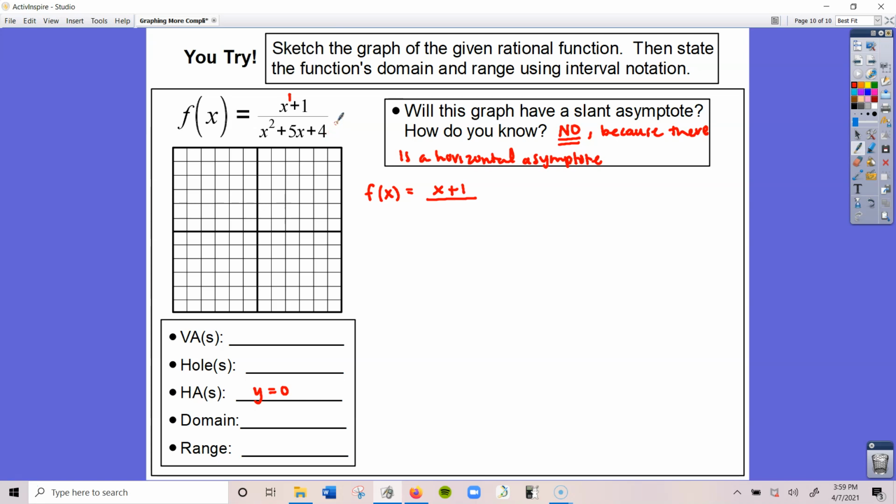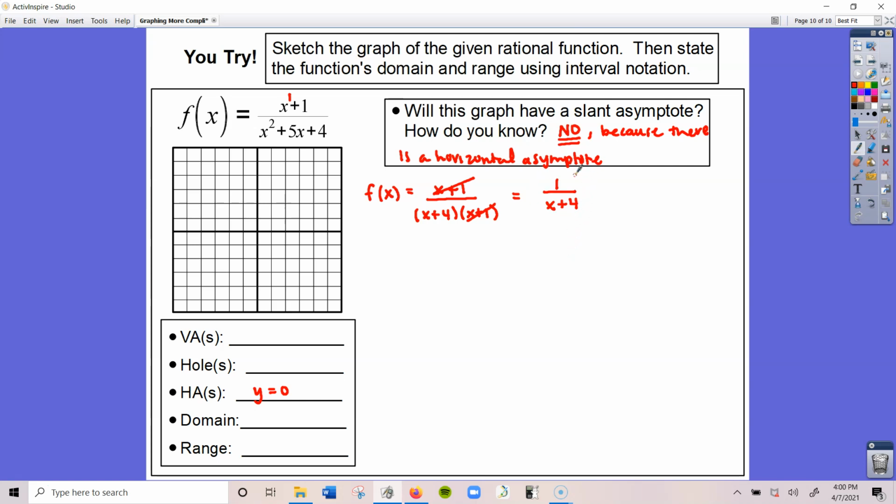The two numbers that multiply to give you 4 and add to give you 5 are 4 and 1. So my factors are x plus 4, x plus 1. The x plus 1's can cancel. So that leaves me with a simplified rational function of 1 over x plus 4.